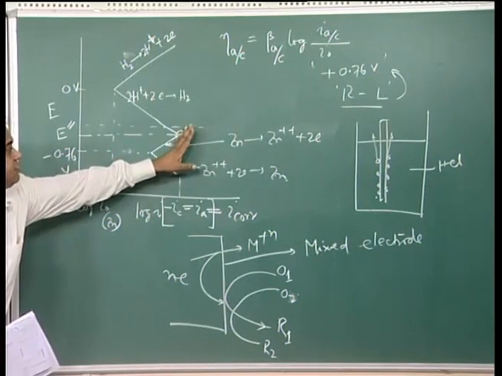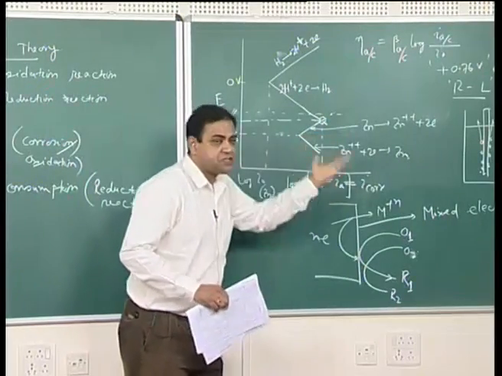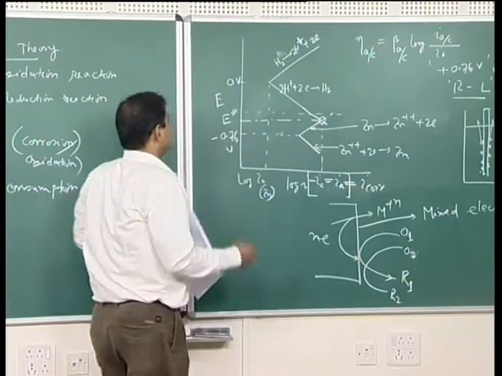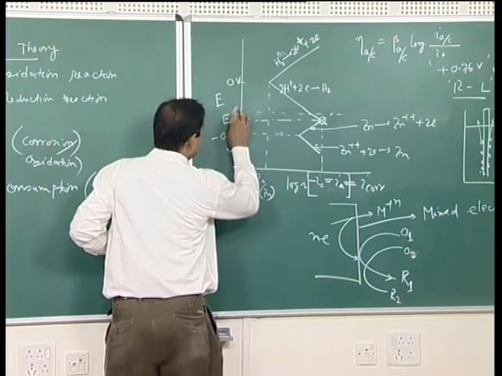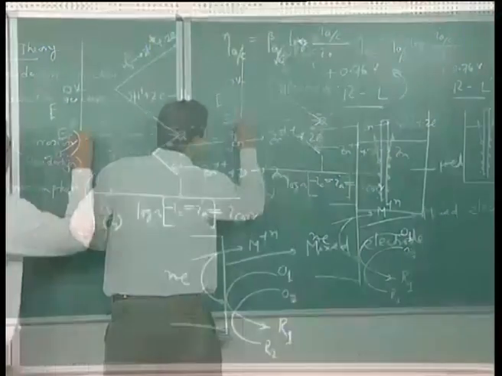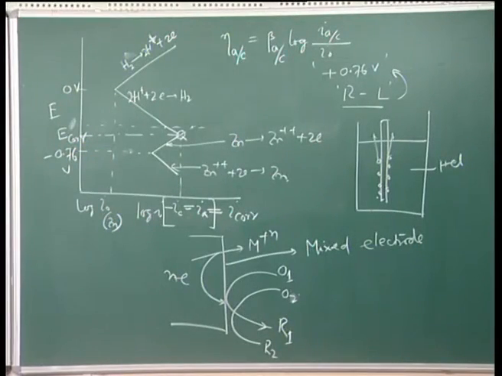With this point, this would be the potential reached, and instead of double dash I will put E_corr. This potential is called the corrosion potential, and this current is called the corrosion current density. Fine. With this understanding we would proceed further.